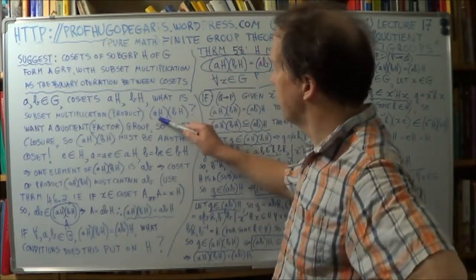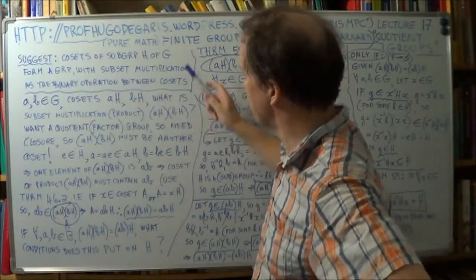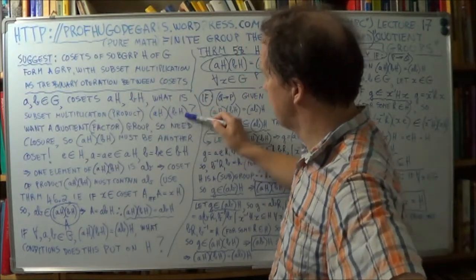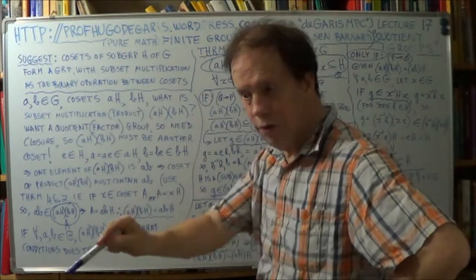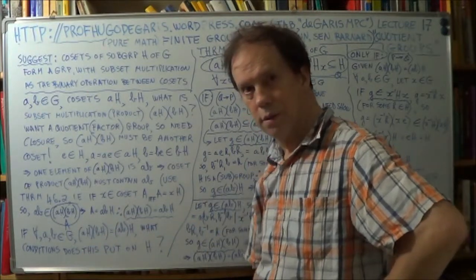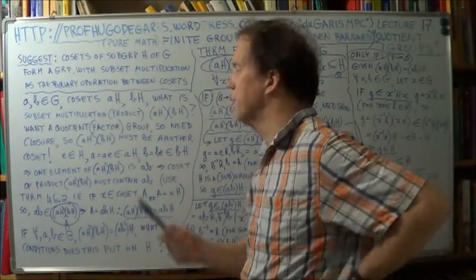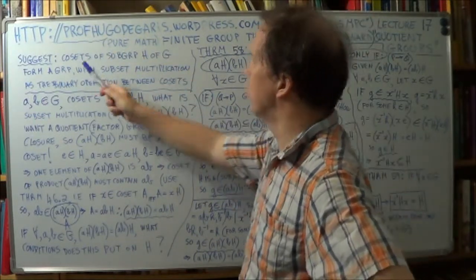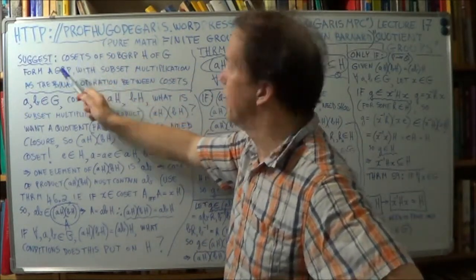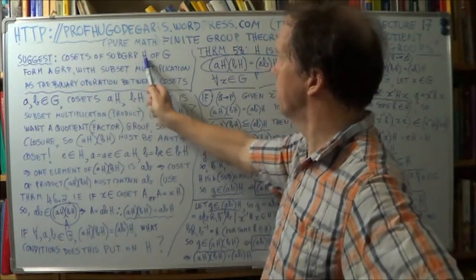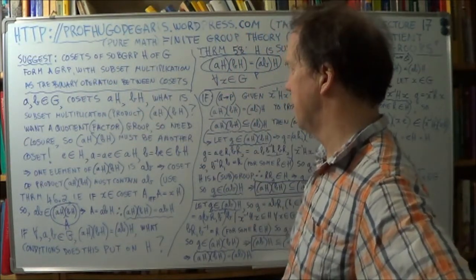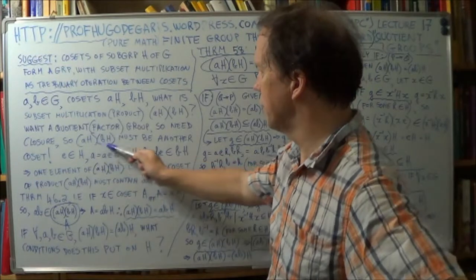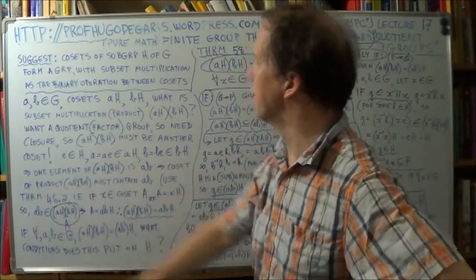So subset multiplying two cosets has to give you a coset, to have closure, because we're proposing that this is a group whose members are cosets of your subgroup H. So the product of these two has to be another coset, all right?